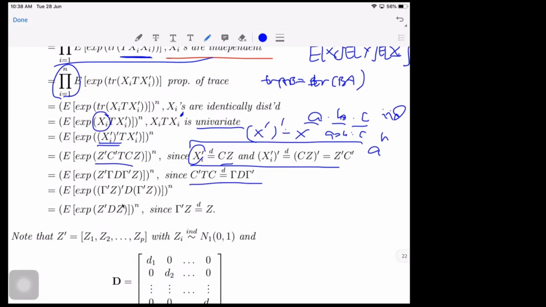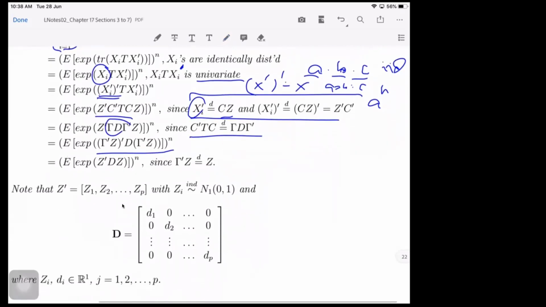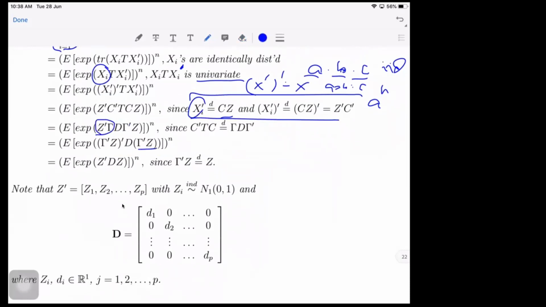And you have also this result that is equal to C prime TC. So substitute it here. And then do some equivalent expressions on this. This is retained. And use again the result that they are equal in distribution.